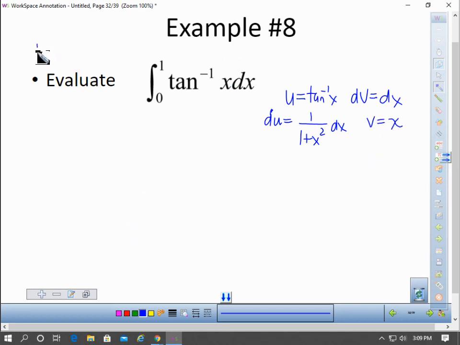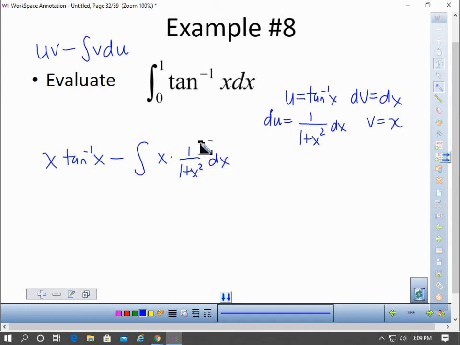So remember, we're doing ultraviolet minus voodoo. All right. So we're going to do ultraviolet. So that's x inverse tan of x minus the integral of voodoo. So x times 1 over 1 plus x squared dx.